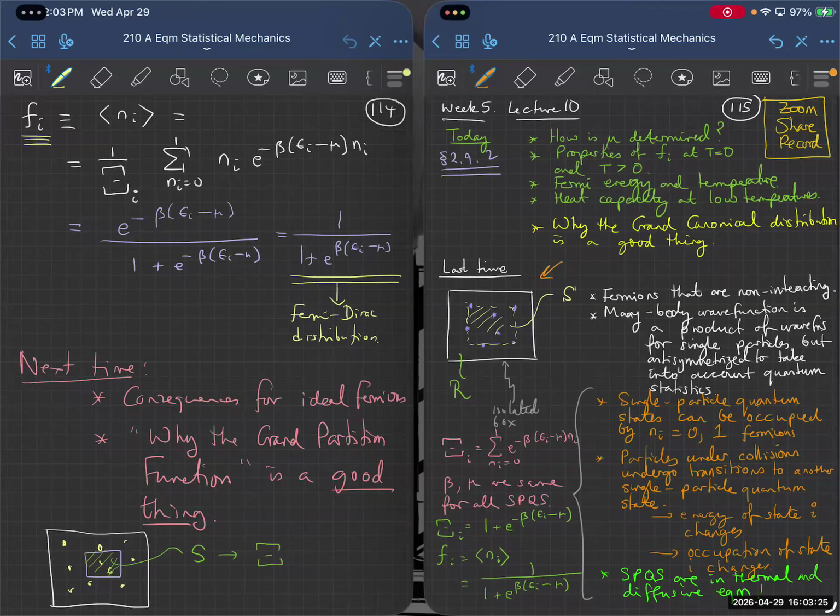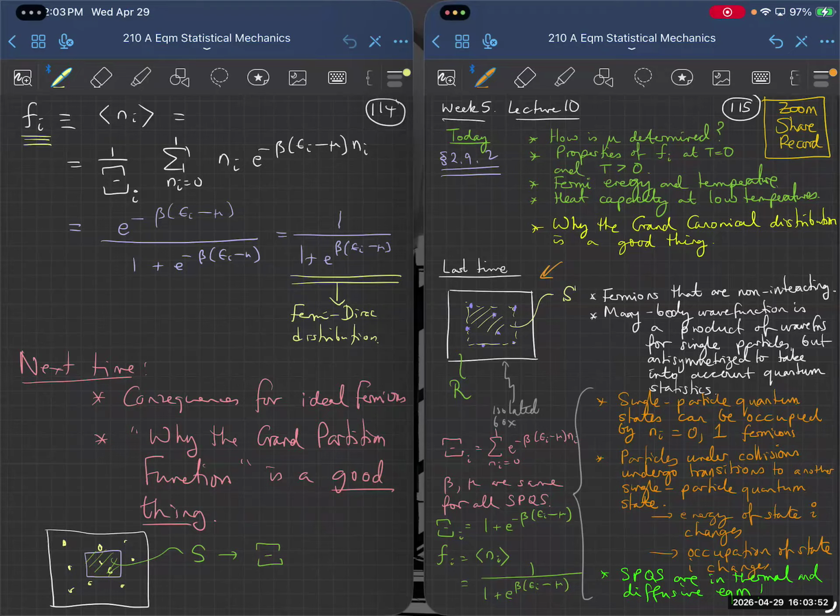The problem that we're trying to look at is a system of non-interacting fermions. That means that the many-body wave function of the system will, in some sense, be a product of wave functions for the individual single particles, but they have to be anti-symmetrized in a certain way in order to take account of the quantum statistics of fermions as opposed to bosons. We're not going to get into the specifics of how one does that.